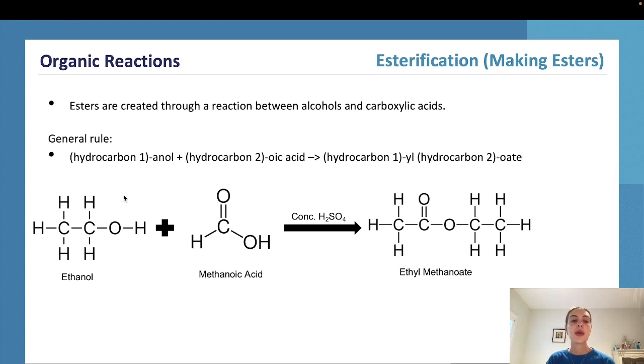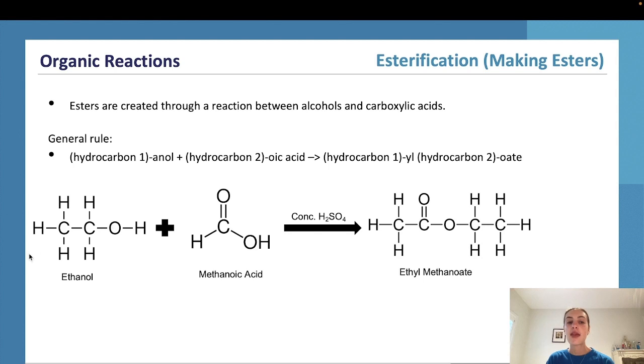So for example, if we were to combine ethanol and methanoic acid, we would need to use a concentrated H2SO4 catalyst, so a concentrated acid catalyst, in order for this reaction to occur, and this would then produce an ester, being ethyl methanoate.